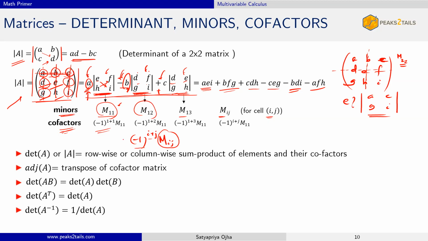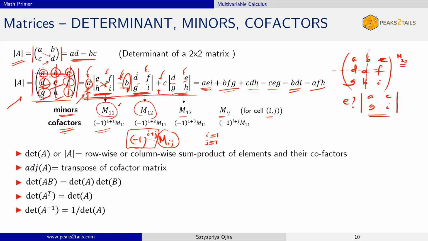So if you look at the first expression, A times something, the coefficient of A is +1, not negative, right? How do I remember? Very simple. This is the formula: -1 to the power i plus j. In the first element, i is 1 and j is 1, so i plus j is 2.